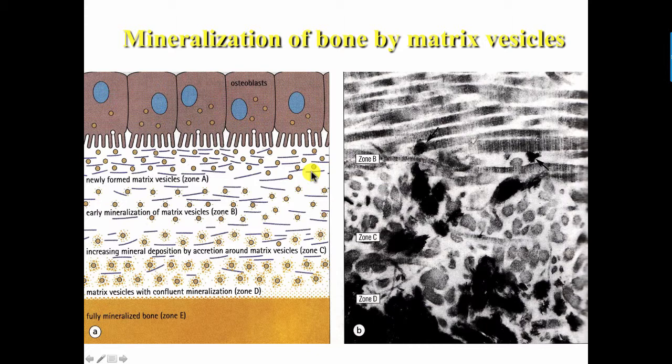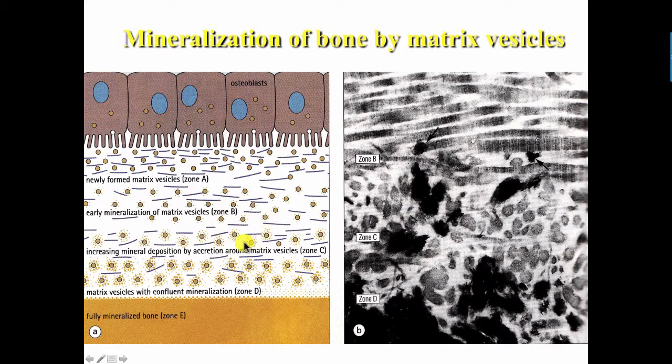These matrix vesicles rupture, resulting in an increase in the local concentration of calcium and phosphate sufficient to initiate mineralization.